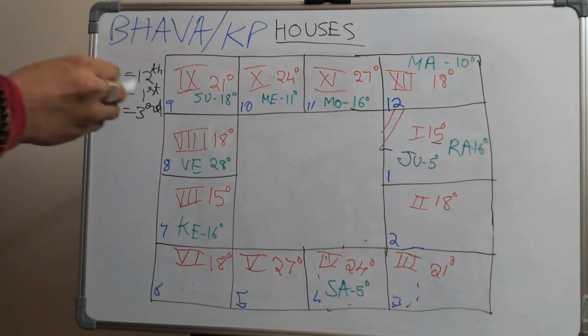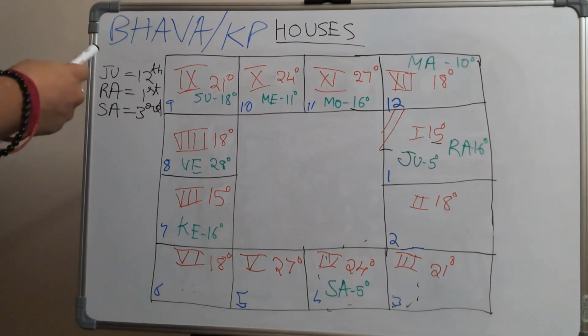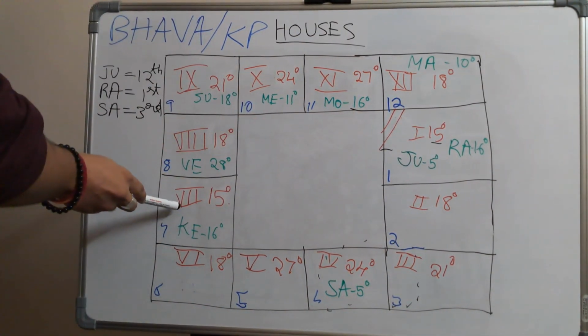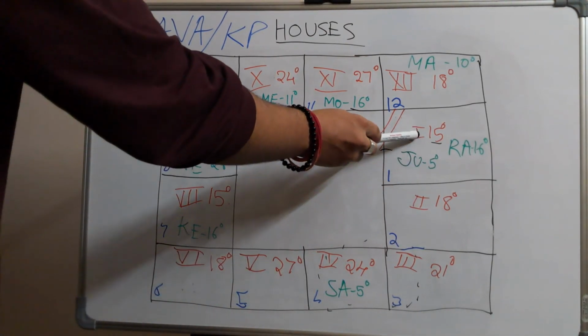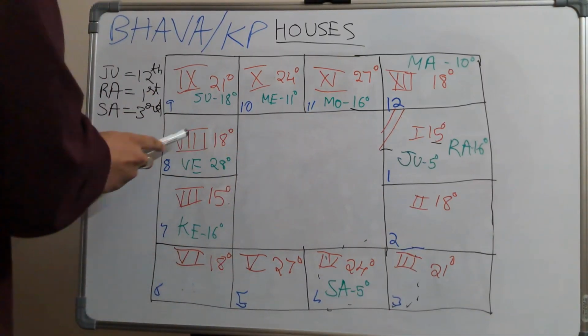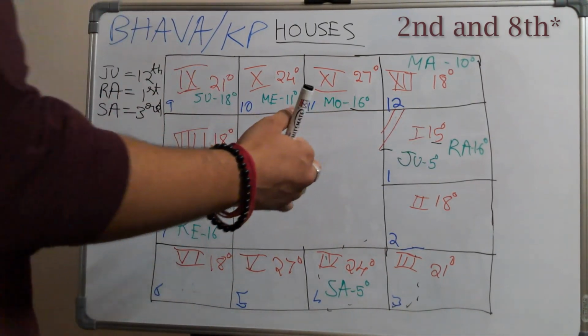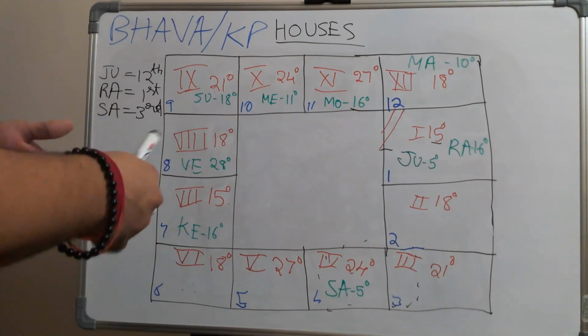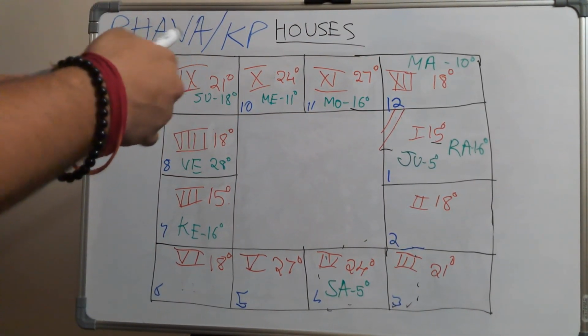And you can see one more thing, that in a KP chart all the opposite houses have the same degree. Here first house and seventh house have 15, second and third have 18. Now these numbers are just written randomly to keep things simple and explain what a BHAVA CHALIT chart looks like.